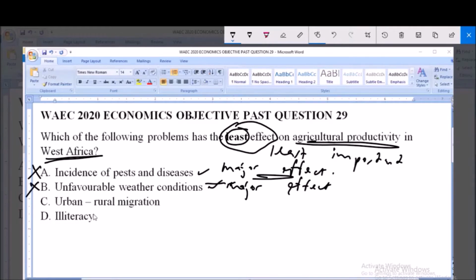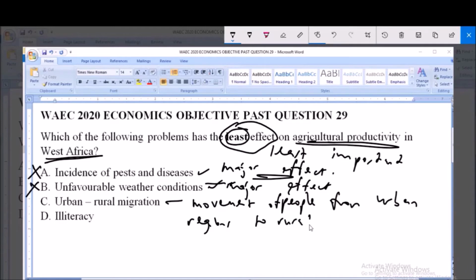Now, option C says urban-rural migration. Urban-rural migration refers to the movement of people from urban regions to rural regions.